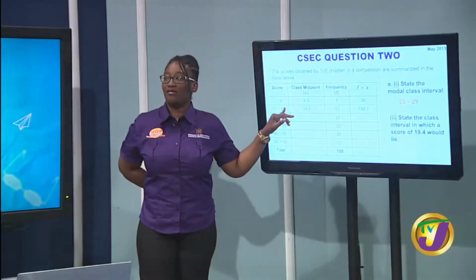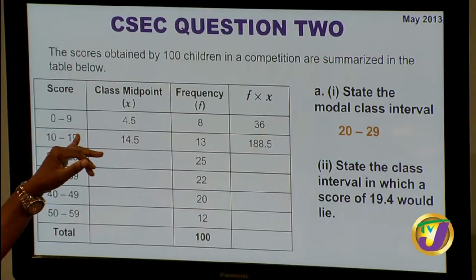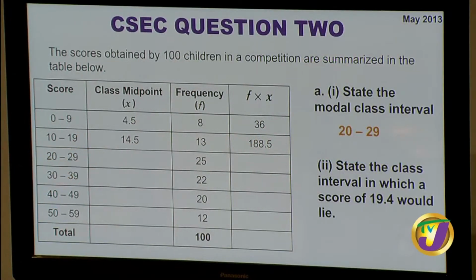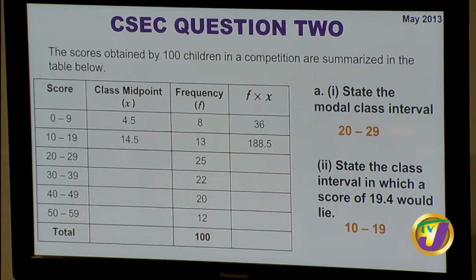So we have a 19 point something now. Yes. So 19.4 would fall in which class? In the class 10 to 19, because the boundary goes up to 19.5. Precisely. Oh, I get it. I don't know how I could have forgotten. So students, please remember that continuous data can take decimal values, and so you have to account for the boundaries when you're deciding which class interval a particular score falls in.